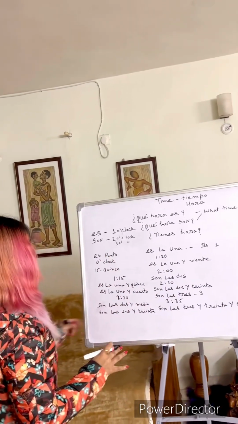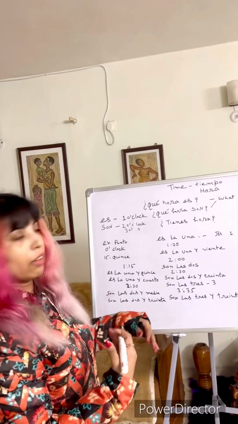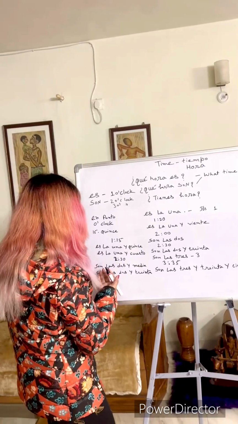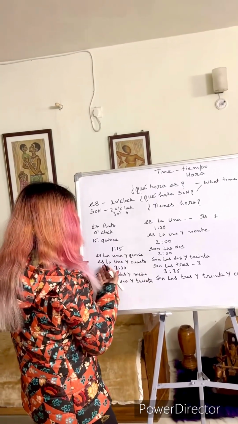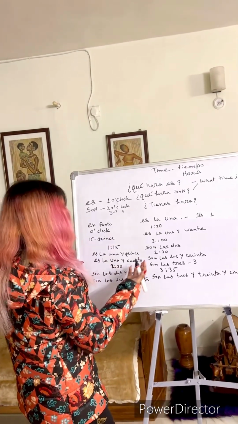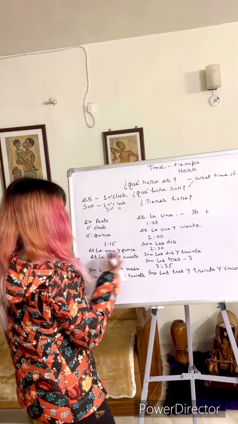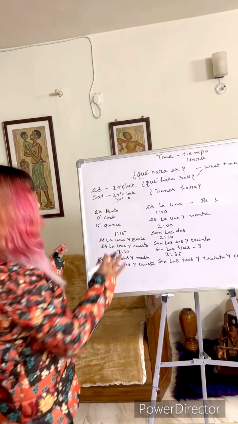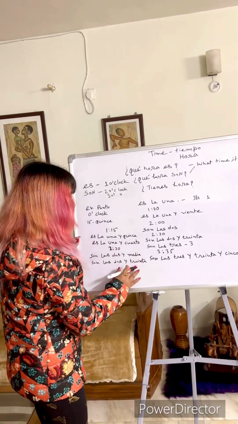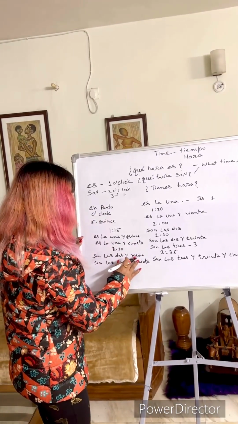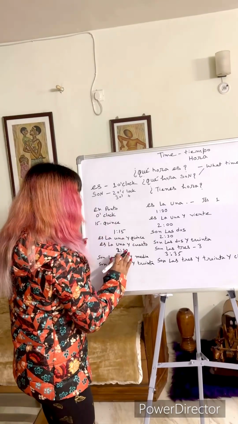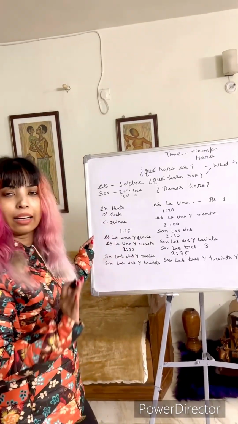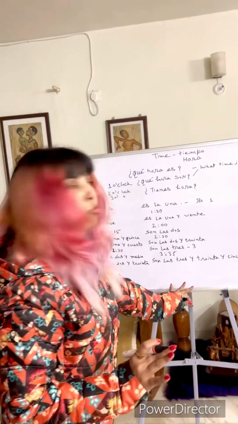Both are correct, but if you ask me, I find it better to say son las dos y media. Remember, you can use cuarto and media for exact 15 and 30 minutes. Other than that, you have to follow this format only.